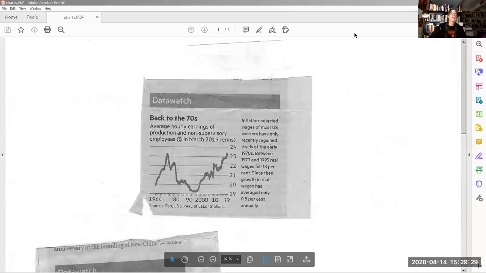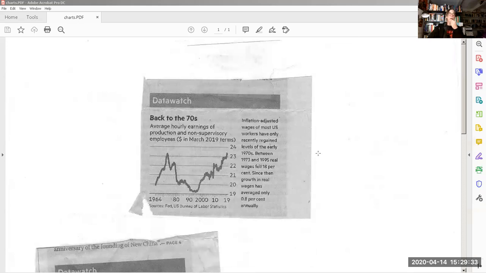that, okay, if you look at just strictly hourly wages for production workers, non-supervisory employees, that basically is the working class. Anyone whose work is directed by someone else qualifies as working class. You look at their inflation adjusted wages since 1964, you see it going up to about $23 per hour.